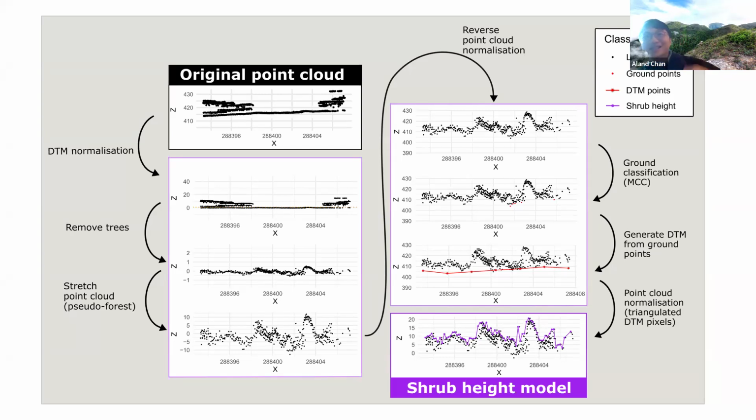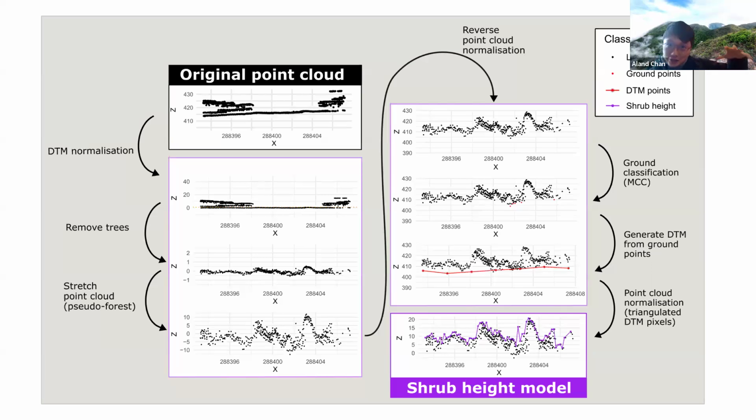I'm not going to go into the details of the algorithm, but the main idea is that we thought that if the reason these CHM algorithms are not accurately capturing shrub heights is because of the lack of vertical separation, and that they're designed for trees, then maybe we could solve this problem by artificially stretching the point cloud such that the shrubs resemble trees in terms of dimensions. So apparently this sort of solves this issue.